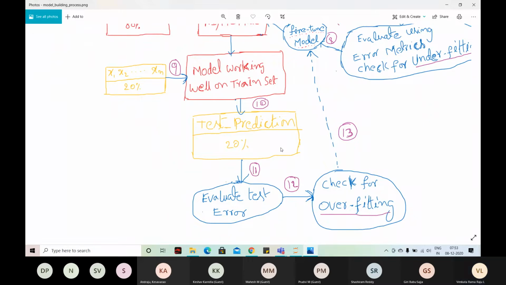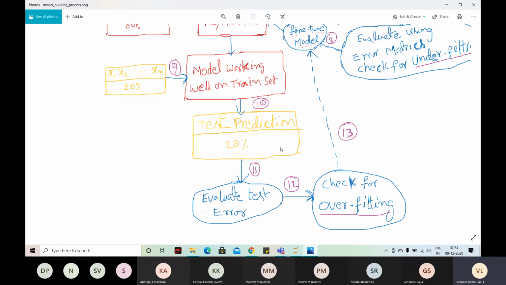because in production you will not have Y cap. Suppose you are working for a real estate company and you built a house price prediction model. You did not test it while building it, and you are trying to use it in production. Production here means the real estate company built 100 more houses and you need to make predictions. You pass those 100 houses' features because they are there, but the price is not there.